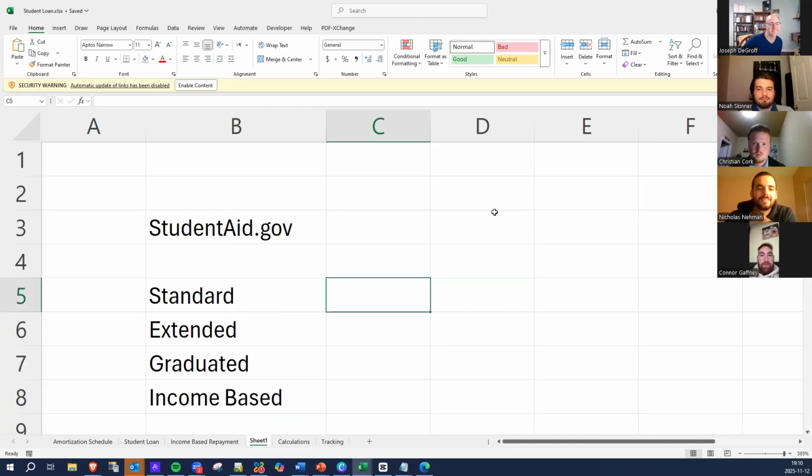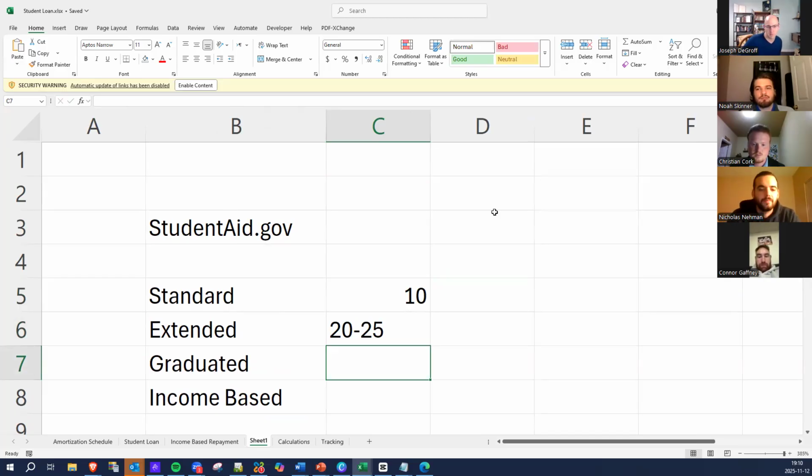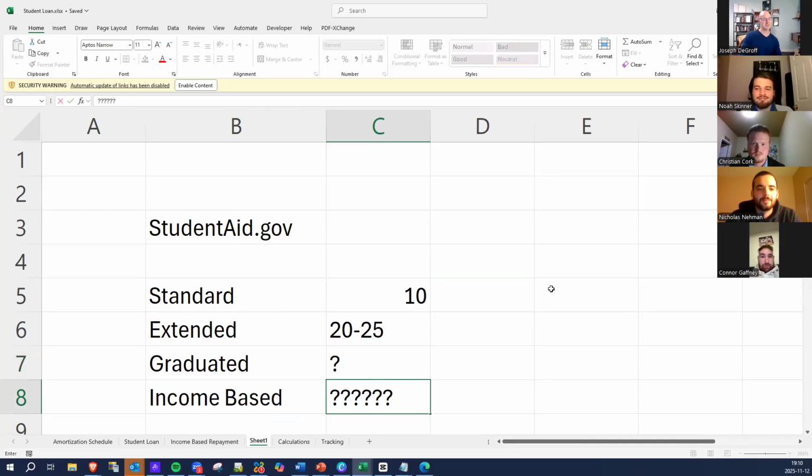Standard's 10 years. Extended? Extended's 20 to 25, depending upon the loan. Graduated, I don't remember how long, but I'll explain what it is. And then your income-based? A long, long time. It could be forever.